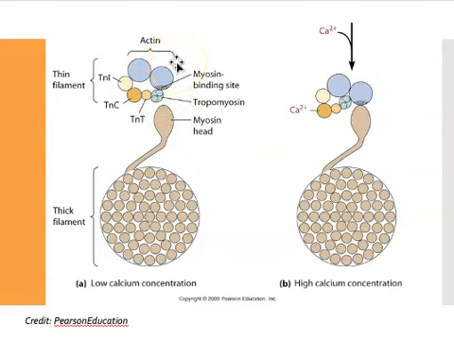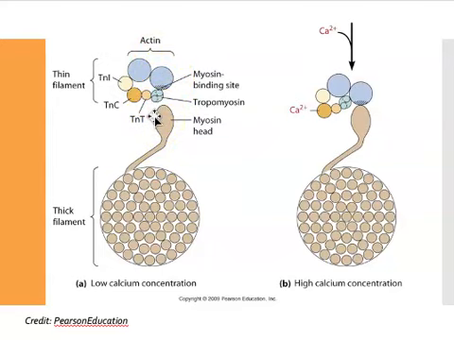So, in a relaxed state, where there's low calcium in the area, tropomyosin blocks the myosin binding site, and the heads can't bind here. Even if there's ATP around, they can't bind here. Their binding site is blocked.